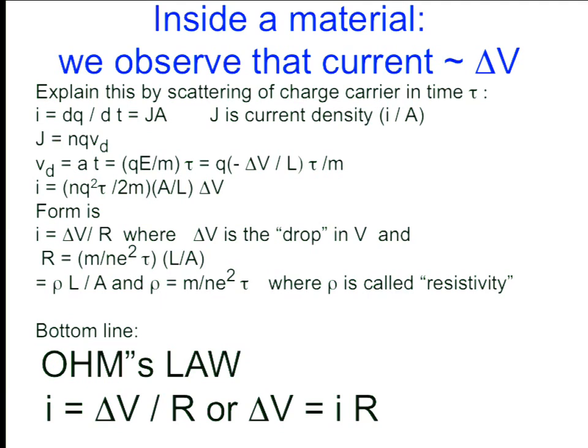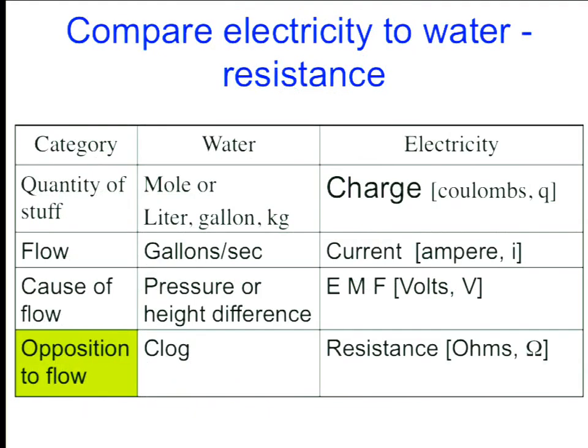So I have another slide here where this resistance as a quantity, the analogy with water, there really is no word exactly for it. I call it clogginess, the clogginess of the pipe. In other words, if you have a clogged pipe, the resistance will be high. All kinds of stuff, you've had clogged pipes.